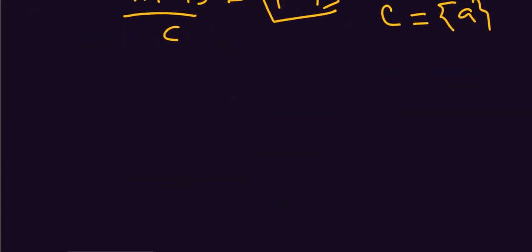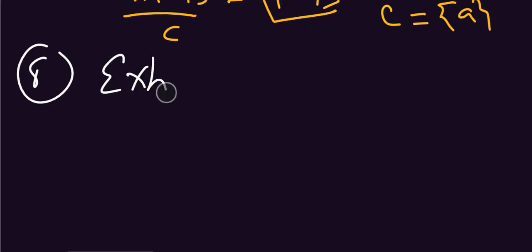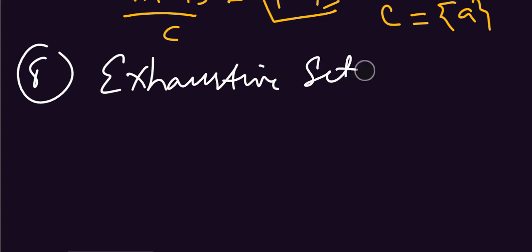Now number 8 is exhaustive set. When we operate union on two sets and it gives the universal set as the answer, these two sets are called exhaustive sets.